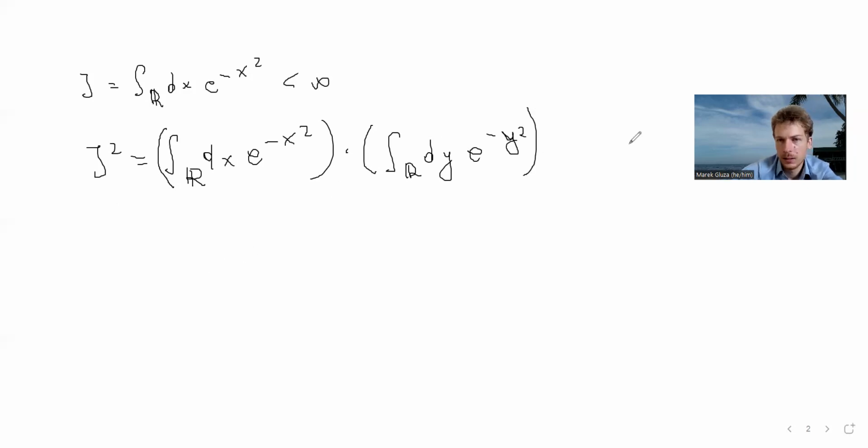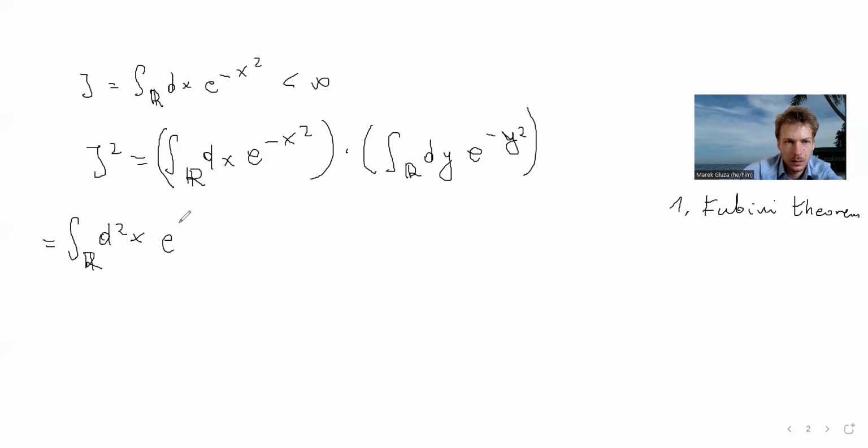So the first ingredient is the Fubini theorem. And Fubini's theorem will allow us to write this integral as the integral over the real plane, d^2x, e to minus norm of x squared. So what does it mean?